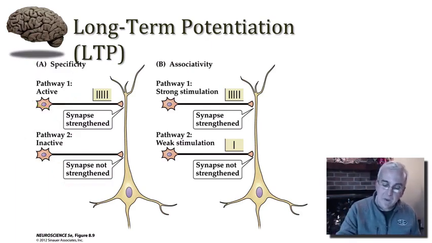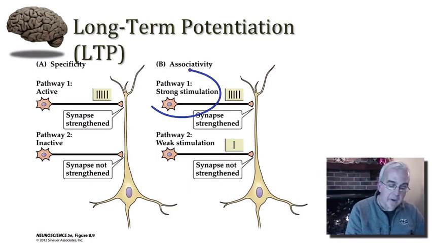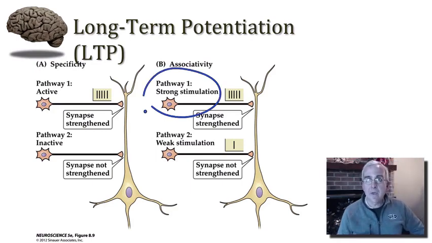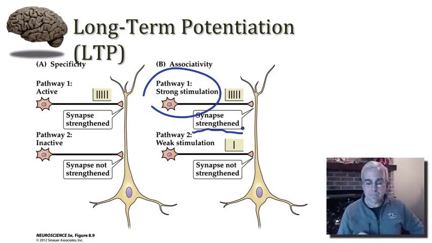Okay, now we have the principle of associativity, and this is extremely important. Now imagine we've got two pathways converging upon the same postsynaptic neuron. One pathway is already a strong pathway. That pathway may then be stimulated and it can strengthen even more.